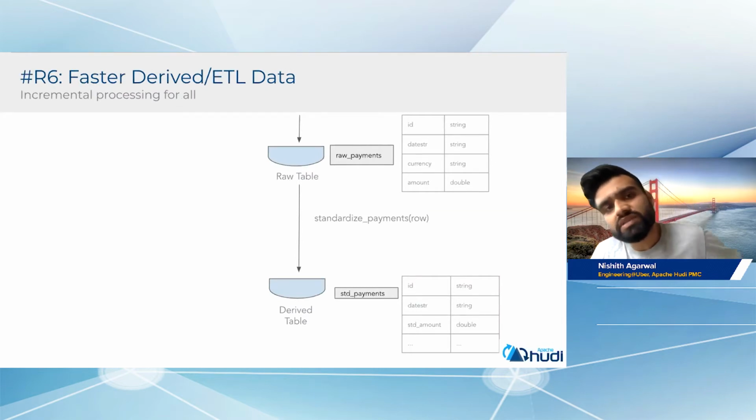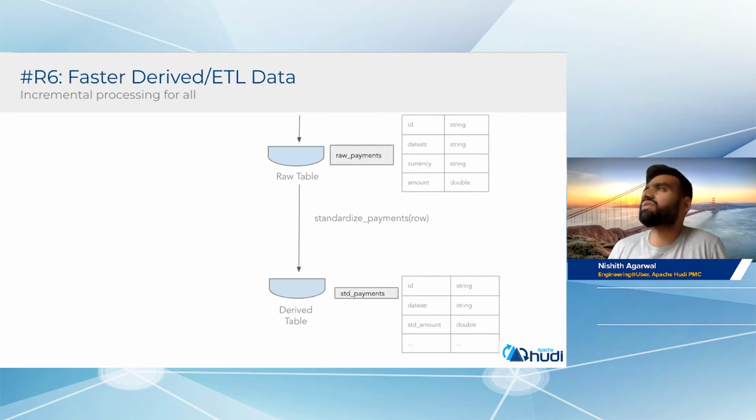The next requirement is around faster and derived ETLs. So we talked about the data lake. It is a huge repository of all the data that you replicate onto your offline data world. But a lot of times you have a curated set of tables that you either pull in from many of these raw tables and generate your downstream table, or you trim down a single table and generate your downstream table.